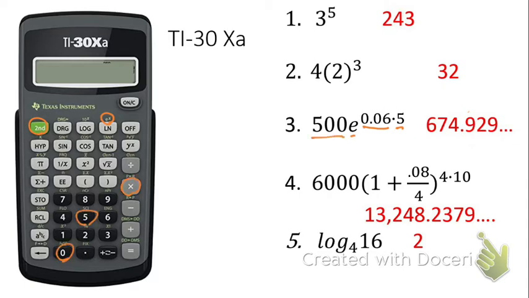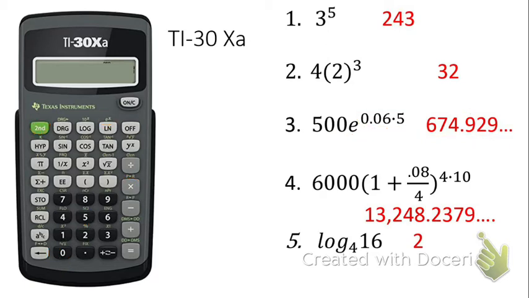So 500, and that should give you this. All right? So once again, take the exponent first, multiply those two, then second, e to the x, it's that button right in there. Actually, you don't have to hit equals. Just second that, then times 500, then equals. And that should work out for you. Okay? If it doesn't, message me on Google Hangouts.